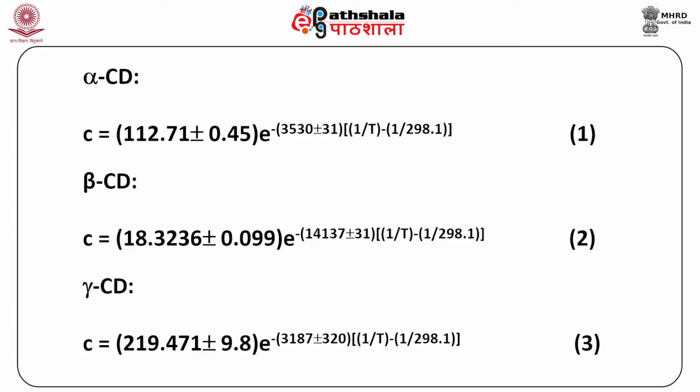derivatives of cyclodextrins. The solubility of cyclodextrins depends greatly upon the temperature, as expressed by the mathematical equations shown here, equations 1, 2 and 3 for alpha, beta and gamma cyclodextrins. You can easily see that concentration is a function of the exponential of temperature, and these values indicate that beta cyclodextrin is the least soluble among all the members.